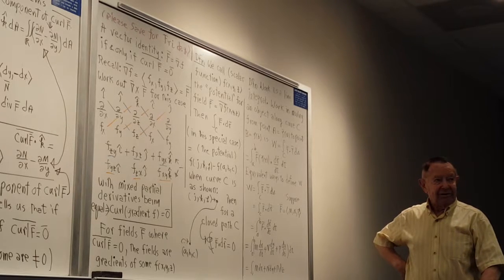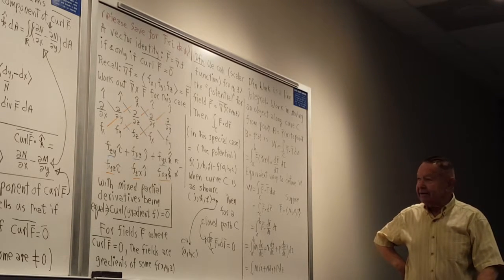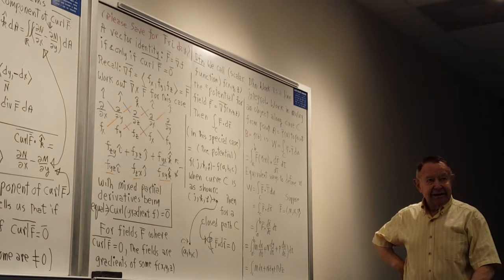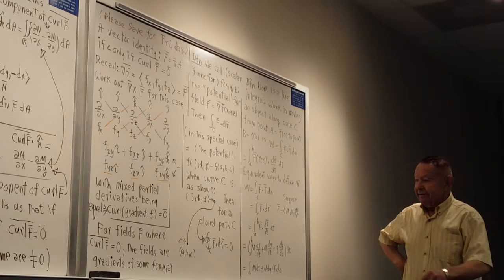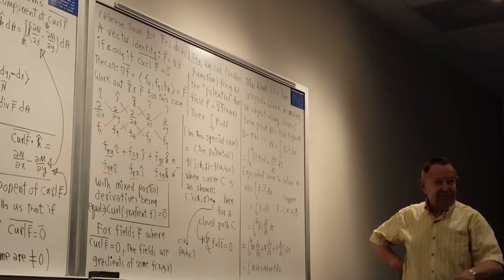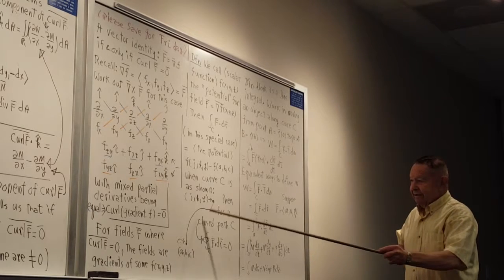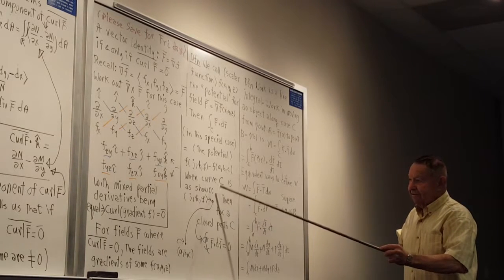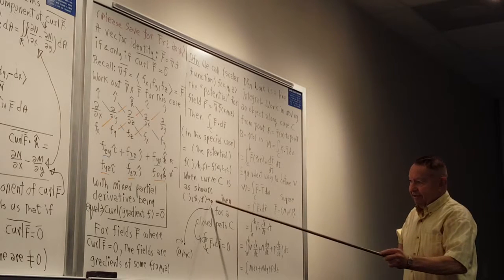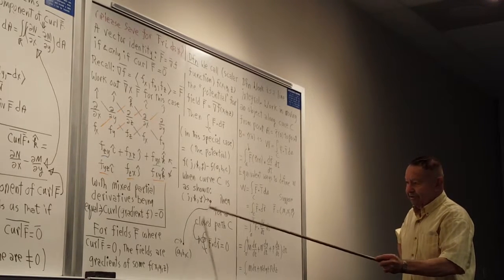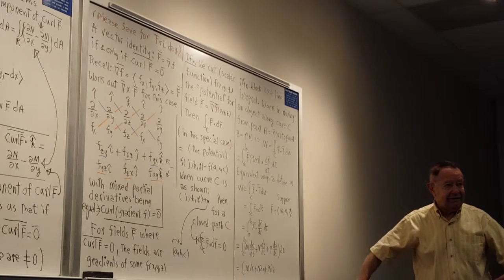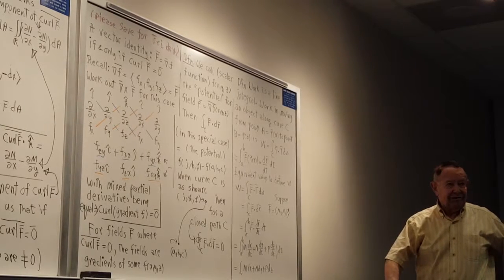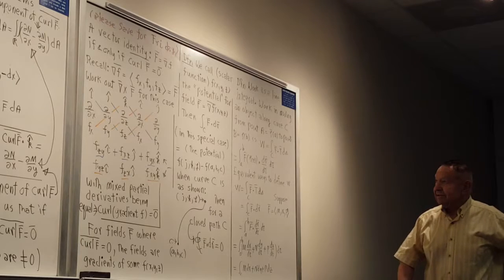So if you figure out what the function is that you have the gradient of, and it turns out that the curl of that gradient is zero, then you can do line integrals. You don't have to parameterize. You can just take the difference in the values of your function little f at the endpoints. So this is a fundamental theorem of calculus for line integrals. We'll be working with that Thursday in section 16.3.